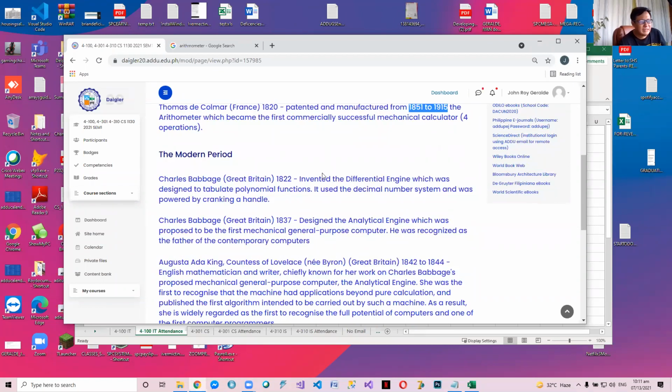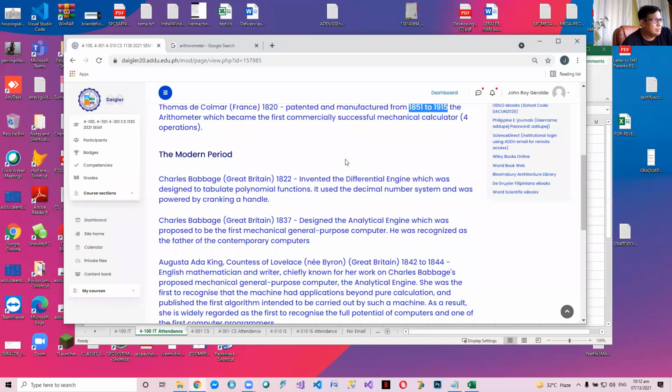The differential engine is not considered to be a computer. Okay. It is only a machine which can tabulate polynomial functions, because when you make calculations, you compute polynomials, right? In engineering, design, you compute. Tabulating polynomials can be a very arduous, laborious task.